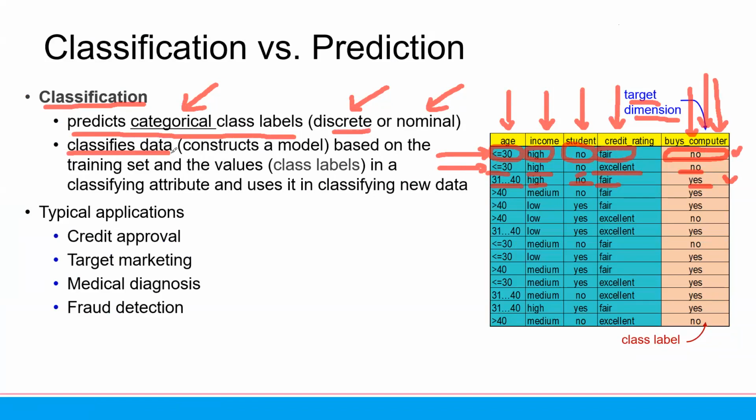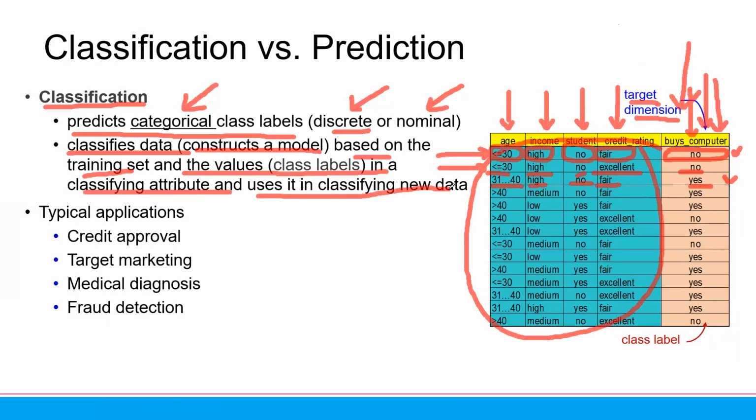We say that we want to classify the data, classify into no, yes, after we construct a model based on the training set. So we call this the training set, and the values class label in classifying attribute. So we have this classifying attributes or the class label and use it in classifying new data.